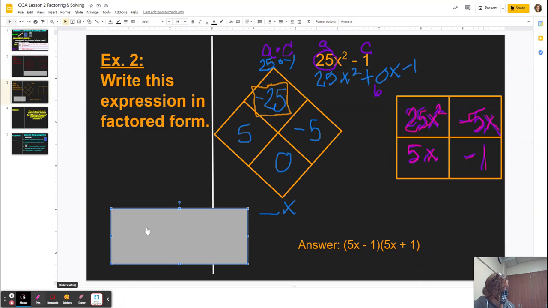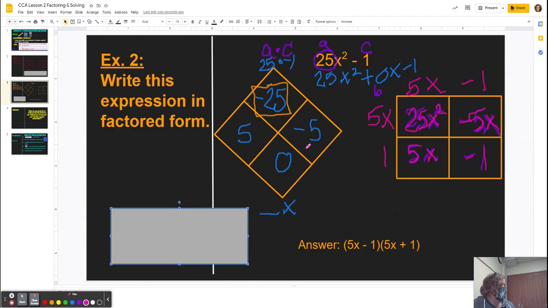Right, so if we do that breakdown, the greatest common factor, this would be a 5x, and then this needs to be a negative 1, and that would be a positive 1. Nicely done.